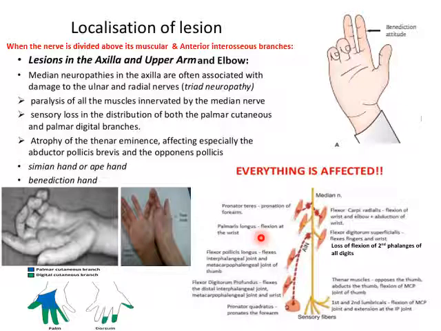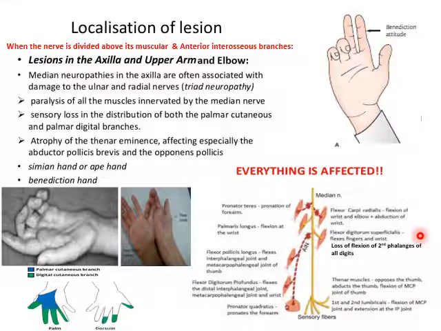So the palmaris longus, flexor carpi radialis and flexor digitorum superficialis are paralyzed, causing the loss of flexion at the wrist. In addition, when the flexor carpi radialis is paralyzed, there is ulnar deviation of the wrist because of unopposed action of the flexor carpi ulnaris and extensor carpi ulnaris.